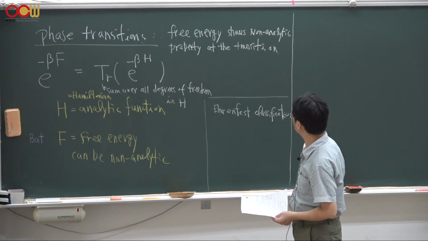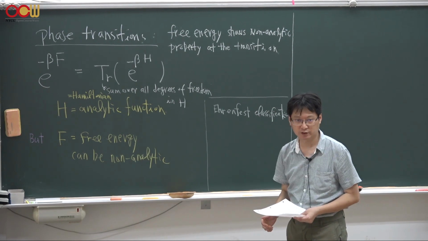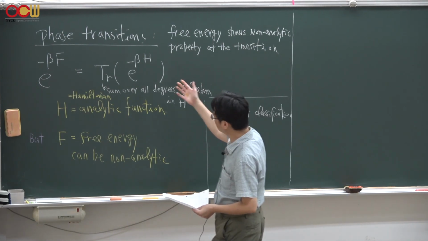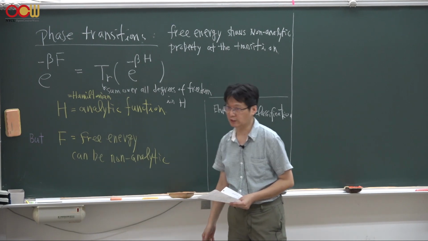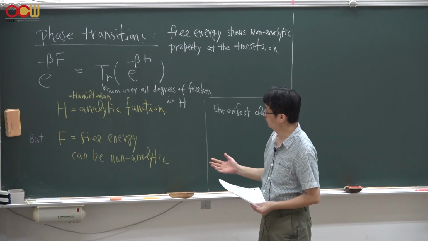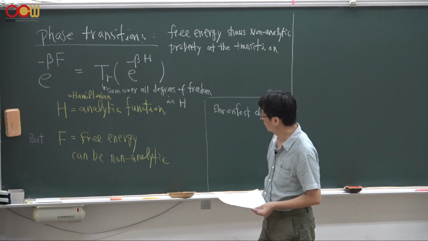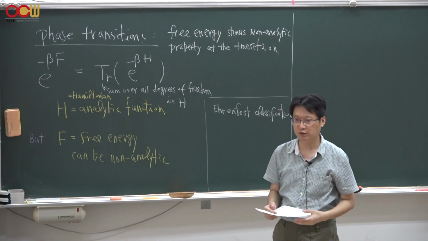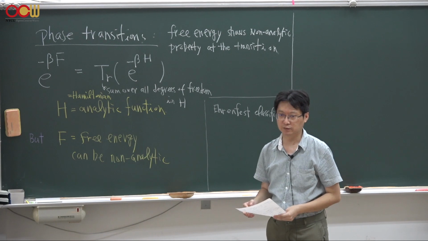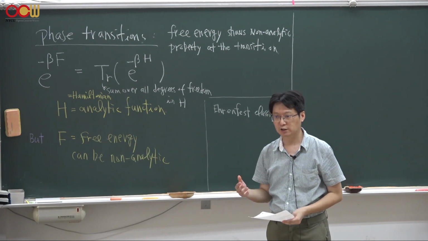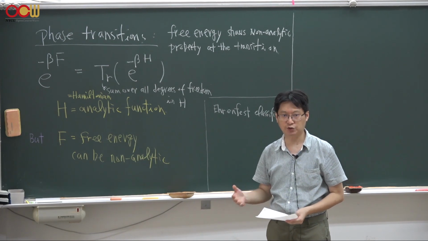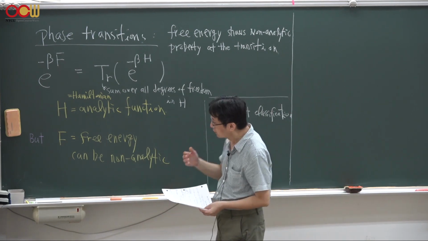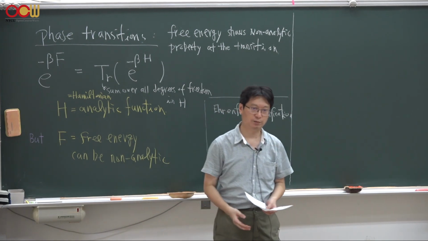So we will define properly what this non-analytic property is in just a moment, but let me just emphasize this relation between the Hamiltonian and the free energy. The Hamiltonian of the system is the total energy of the system. In classical mechanics, this is just a sum of kinetic energy and potential energy. In quantum mechanics, it is a sum of kinetic operator and potential operator.